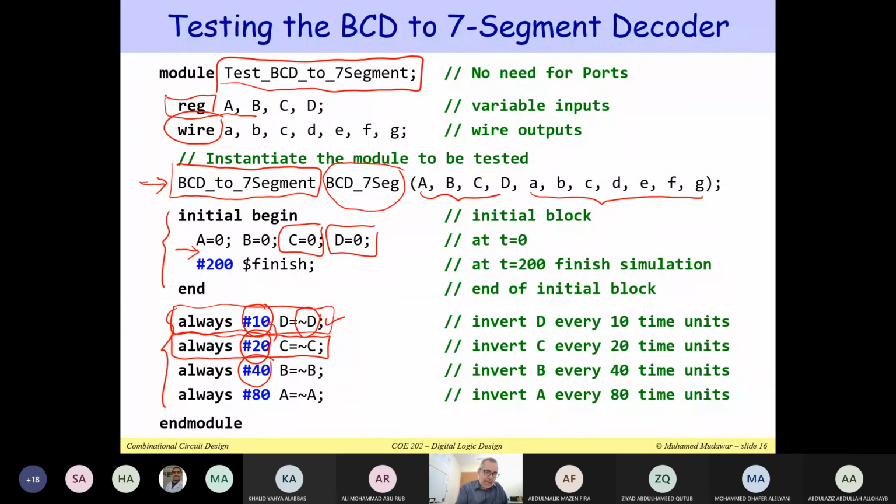For example, this is 10, this is 20, this is 40, this is 80. So basically, I changed the delay because if I use the same delay, then all of them will change at the same time. So I wanted them to change at different times so that I can generate all my 16 test cases from 0, 0, 0, 0 all the way to 1, 1, 1, 1. This was the trick, which I did, is that I just used different delays here. Okay, thank you, sir. All right.